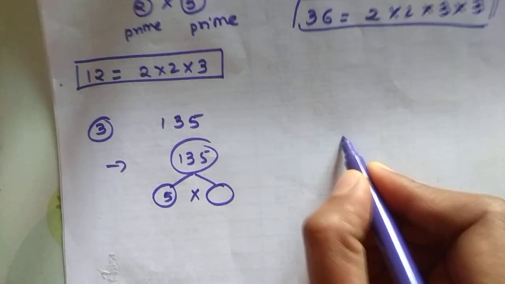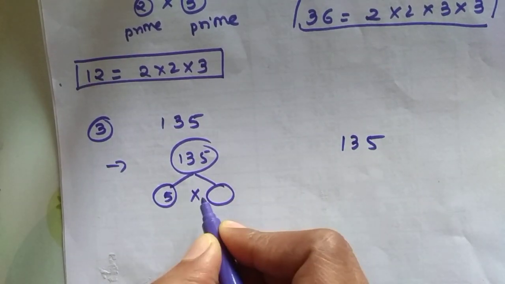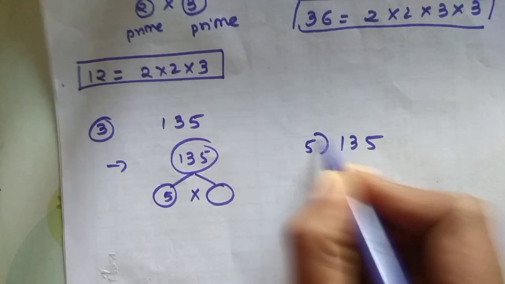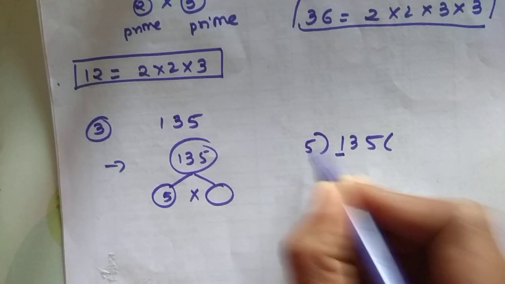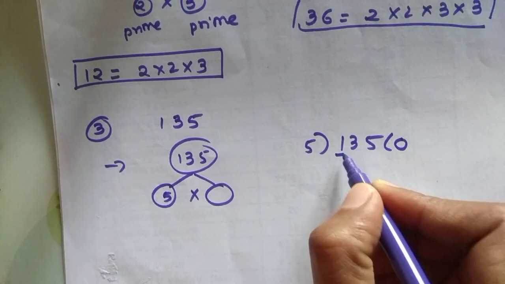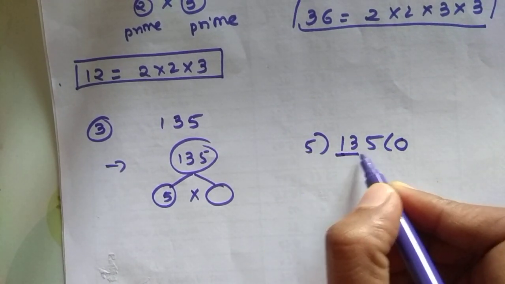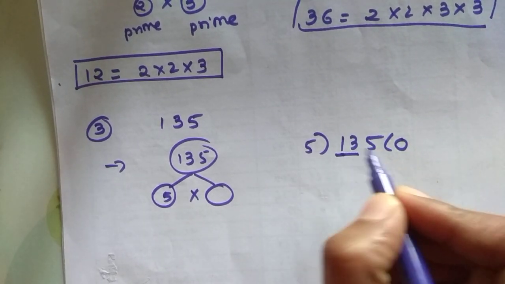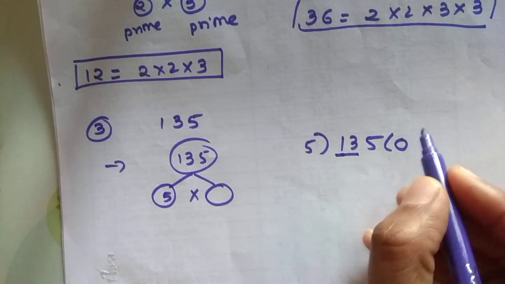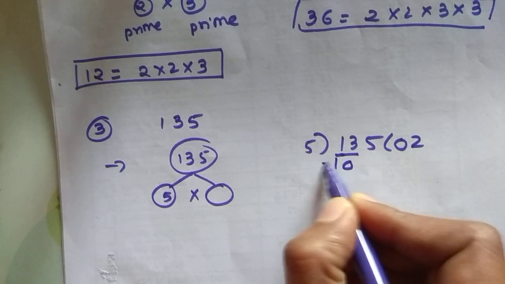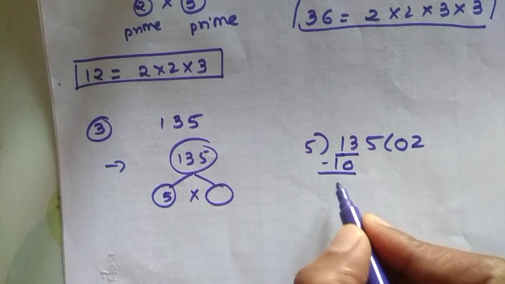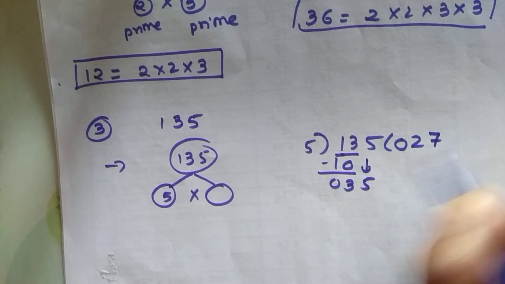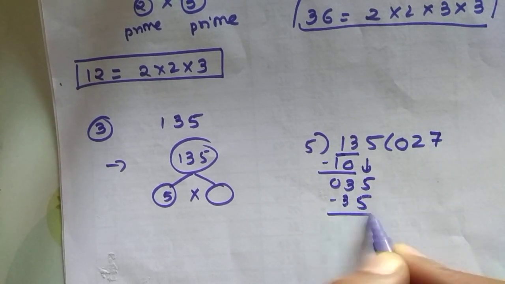You can find this number easily because we know the table. 5 tens are 50. Divide by 5. Here 1 is less than 5, so we put 0 in the quotient. We take a double digit, don't take 3 digits. Only if it is not divisible do you go for the next digit. 5 twos are 10, because 13 does not come in the table of 5. Then 5 sevens are 35.